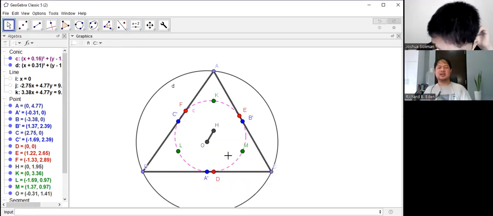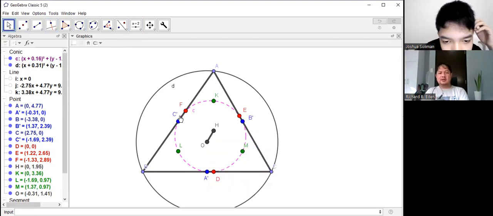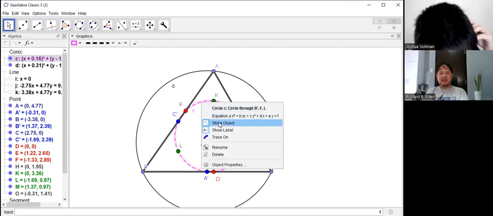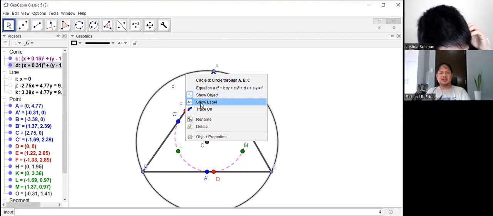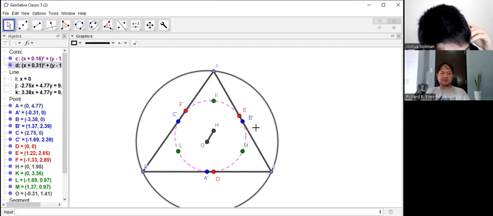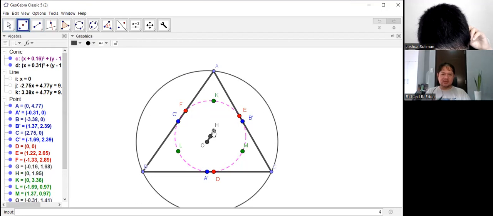Show the label. And it turns out that the center of the 9-point circle, you've probably seen this already, is the midpoint of O and H. O and H, the midpoint is that point.